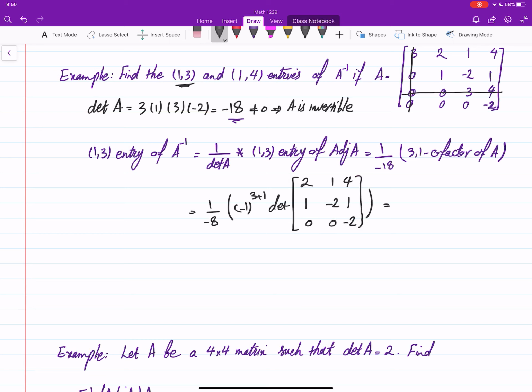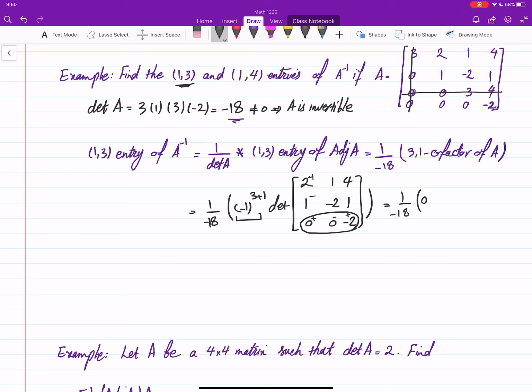And this is negative 18. Negative 1 to the power 4 gives us positive 1, and we have negative 18. How about this one here? I can expand along the third row. This will be plus, minus, plus, minus, plus.